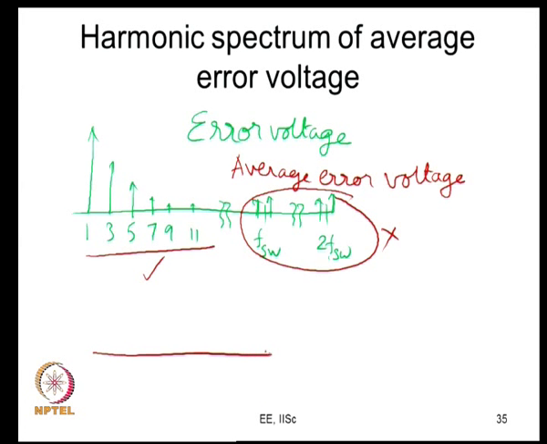Let me just redraw that. You may have some fundamental voltage, some third harmonic, some fifth, seventh, ninth, 11th and so on. This is how your harmonic spectrum will be, in the error voltage in R phase.